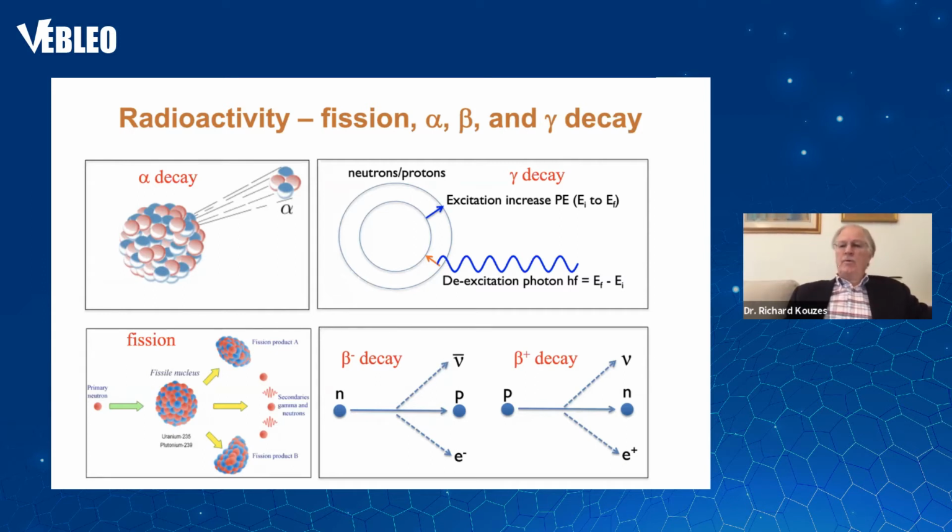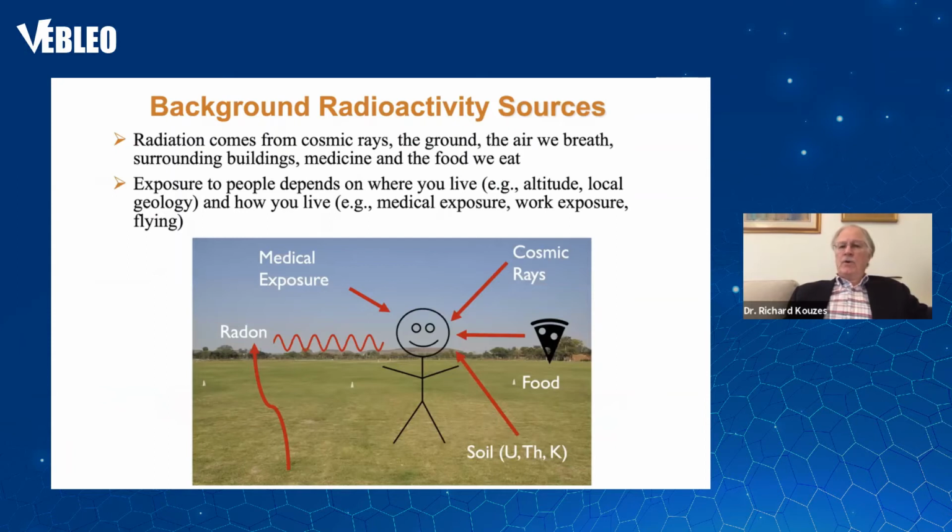And we want to be able to detect these radioactive particles. Let me point out that all of us are subject to radiation. There's background radioactivity everywhere. There are sources from cosmic rays. There are sources from radon coming out of the soil, emitted from the uranium chain of decays. There's direct radiation from the soil, from uranium and thorium and potassium. There's radioactivity in the foods we eat.